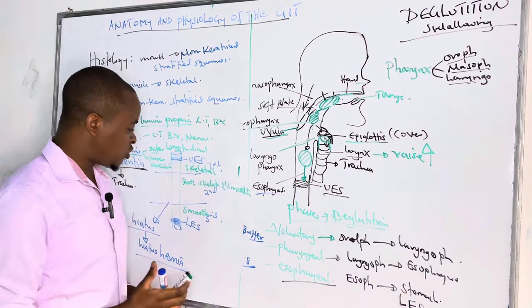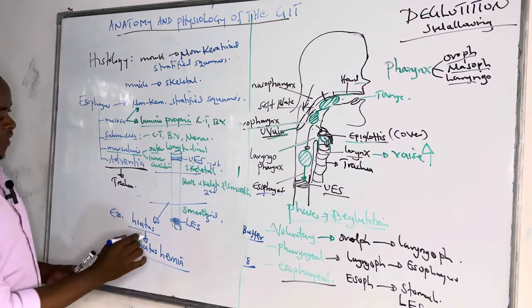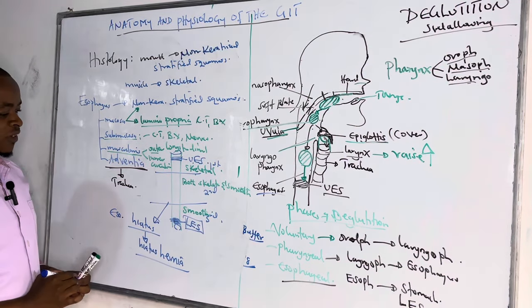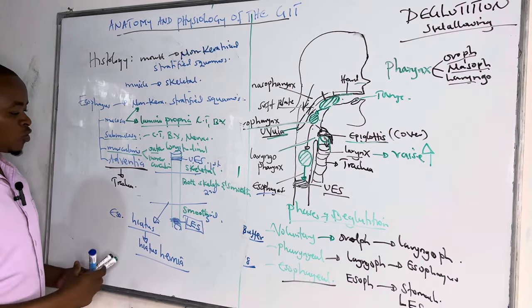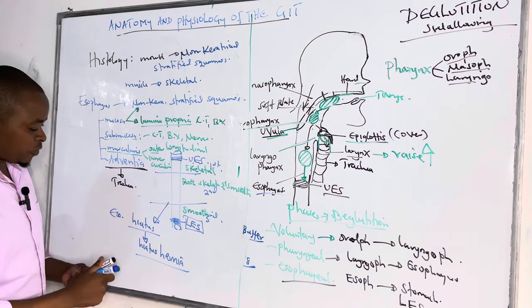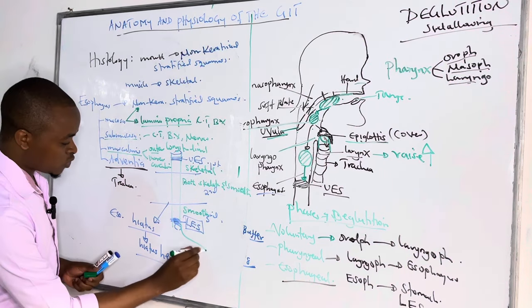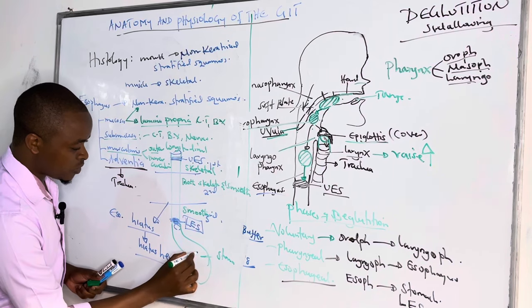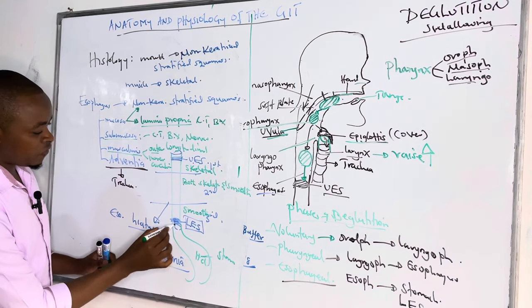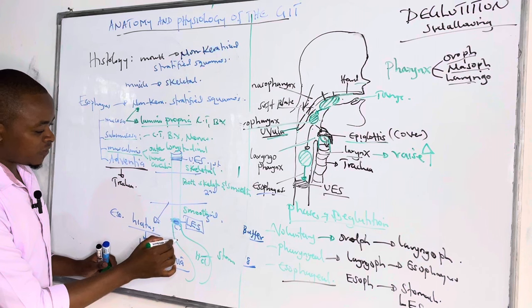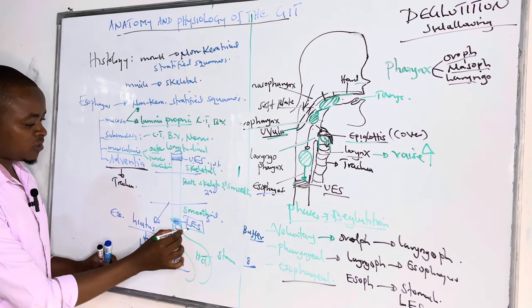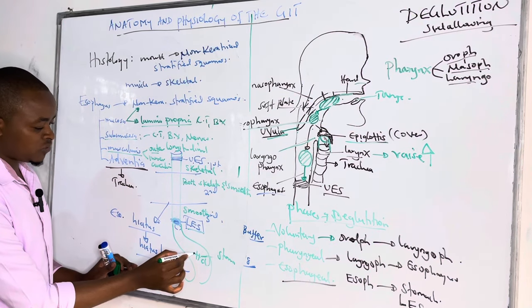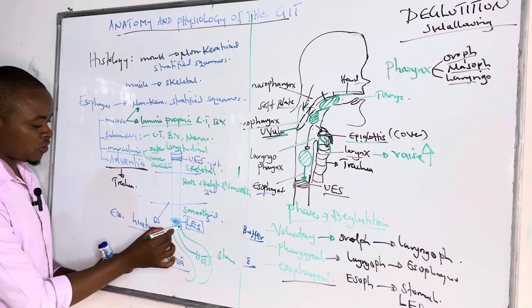Then another condition we can see is that there are people whereby the lower esophageal sphincter muscles stop working. We know the stomach produces hydrochloric acid. So with failure of the cardiac sphincter and the lower esophageal sphincter to close well, we see the acid produced in the stomach and the gastric juice moving into the oesophagus.